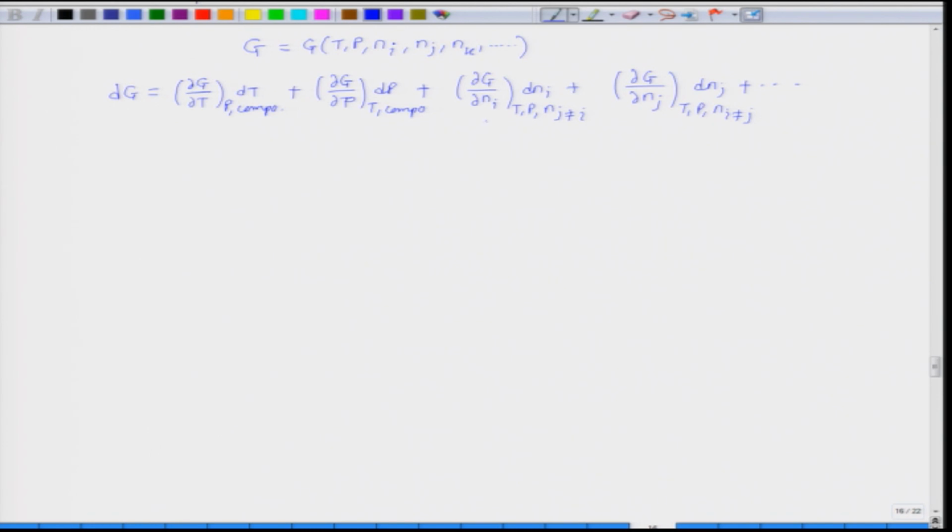And now, this partial is an important quantity, right. So, what is this partial basically?